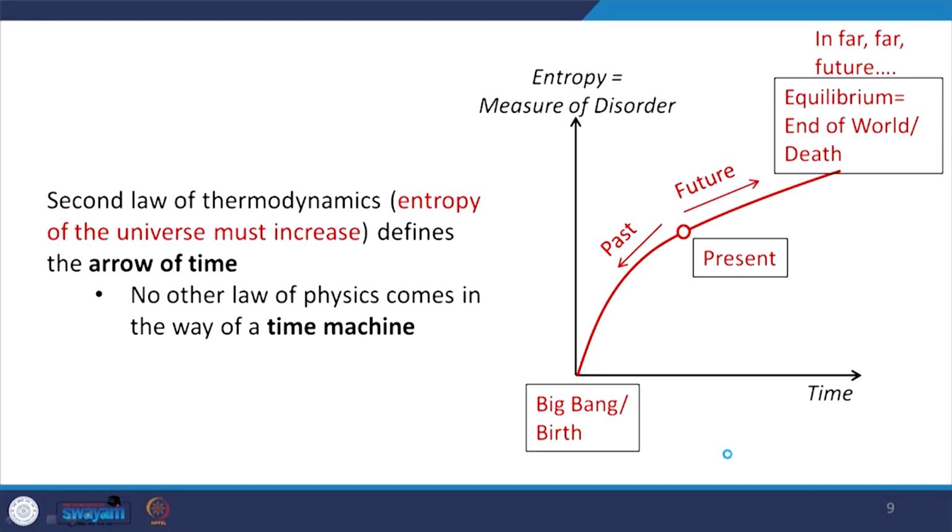So, if I go to the far future, that will be a state of equilibrium of the universe, and that equilibrium state will correspond to the case where the disorder is maximum, right. And as you may imagine, if disorder is maximum, it means no order in the world, and that is probably when the universe will end. Similarly, this also applies to our own being here.